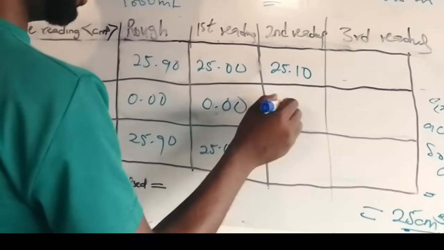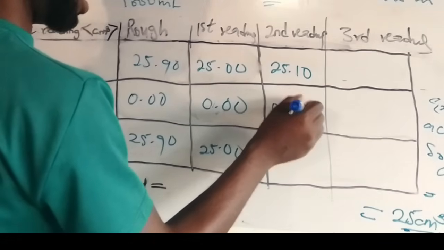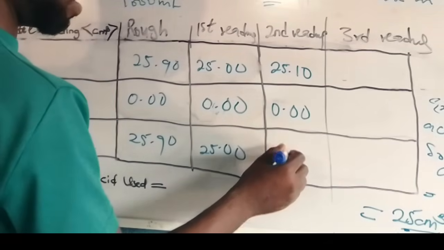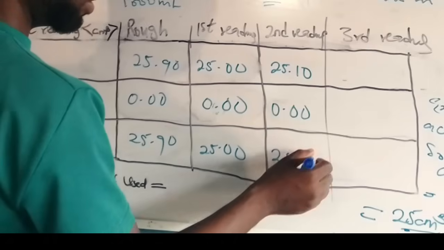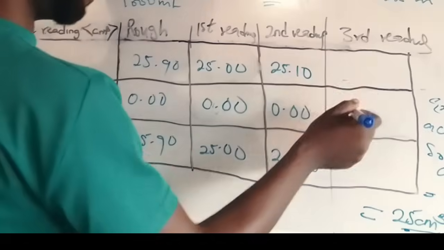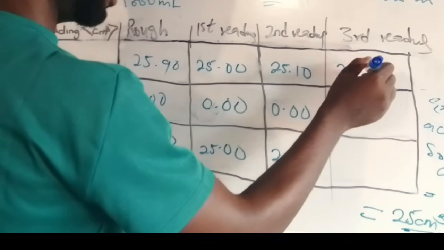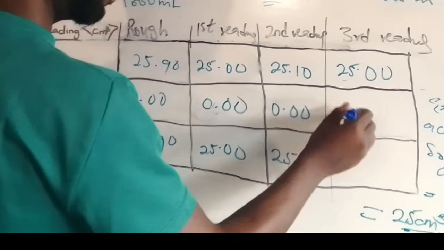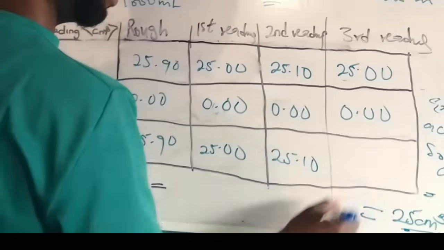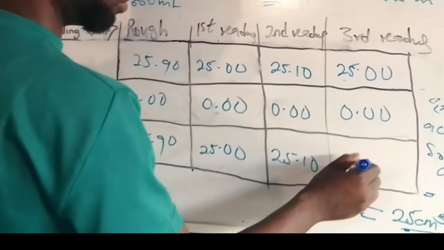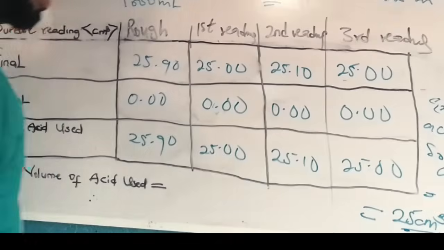Now you come over to this place and do, let's say, 25.10. Then here now is 25.00. Then 25.10. Okay, then you come back here and do 25.00, and here 25.00.